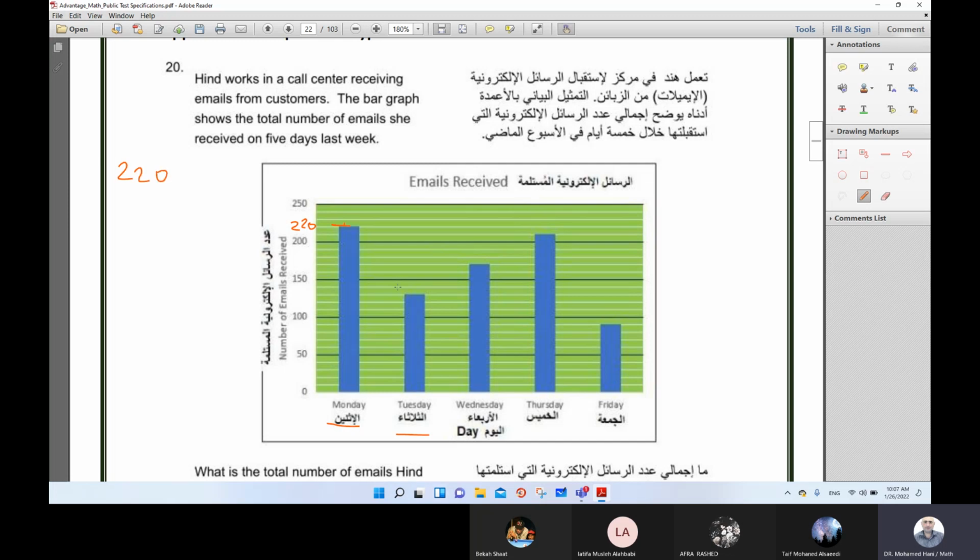And on Tuesday, here we have 100, here 110, 120, between 120 and 130 means 125. So the total will be 345.